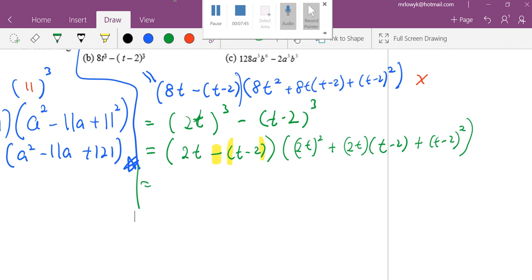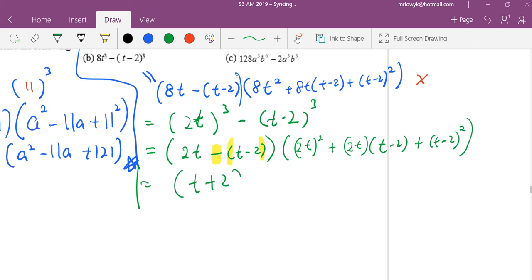This one needs to simplify? Yes. So simplify means I will have my answer t plus 2, full stop. The other one: 4t square plus 2t square minus 4 plus t square minus 4t plus 4.